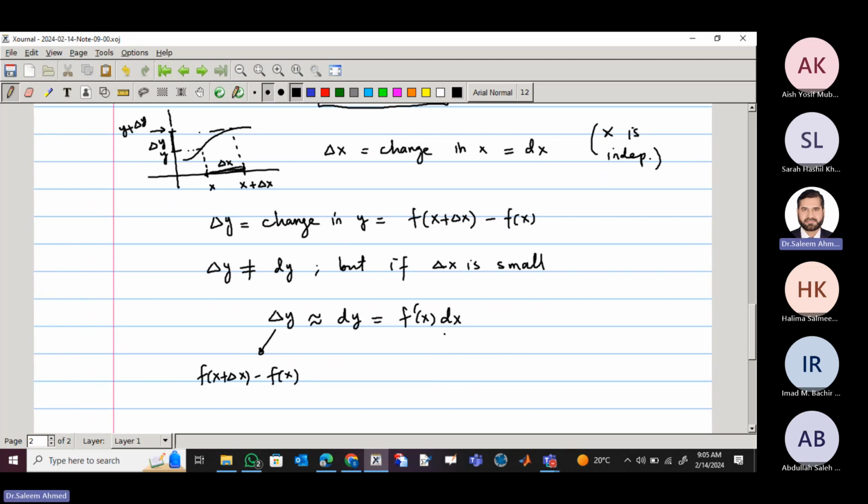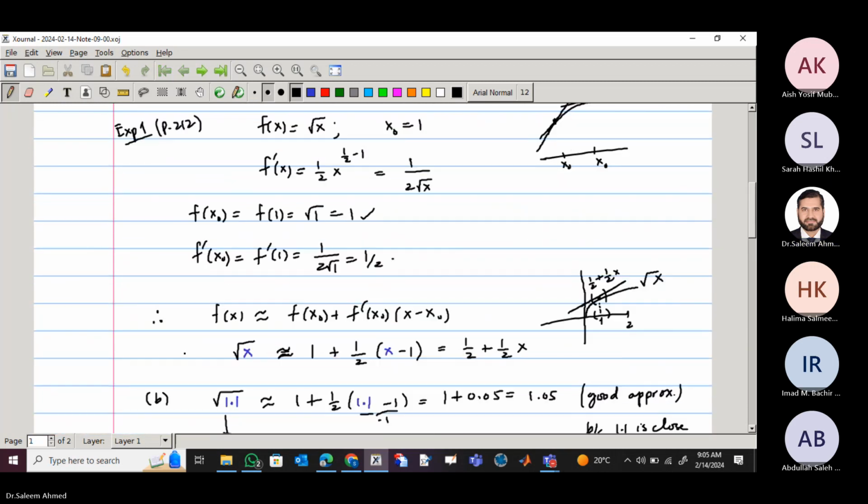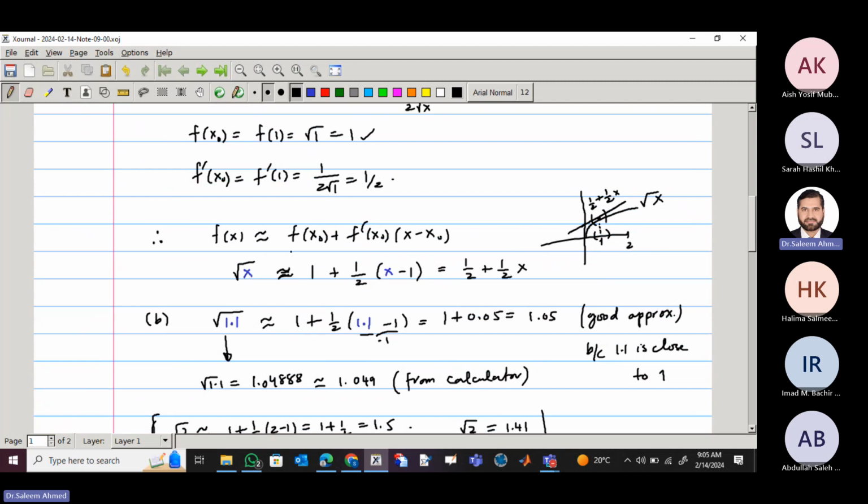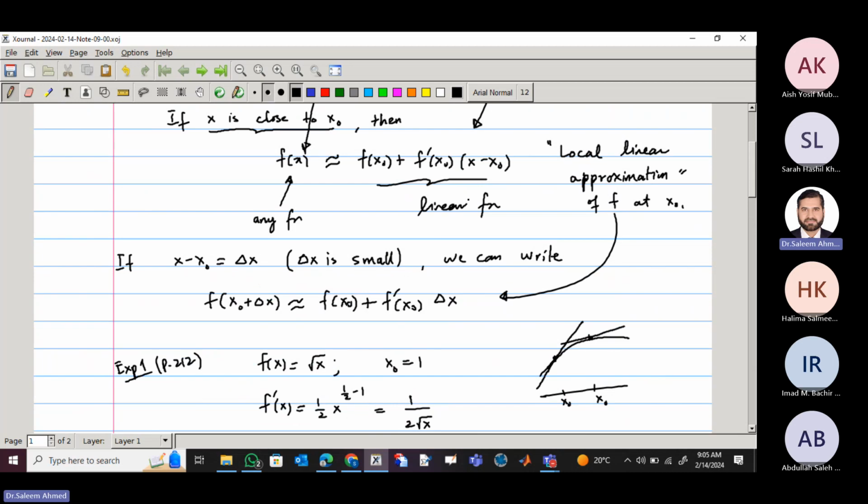Again, from the local linear approximation, f prime x dx. So the change can be approximated by your differential. So see, if I go back here, if I bring this to the left, it is f x minus f x naught, which is this one. So this is differential of x. You see here, f prime x, this one is differential dy. And if I bring it here, f of x plus delta x minus f of x is change in y, which is delta y.